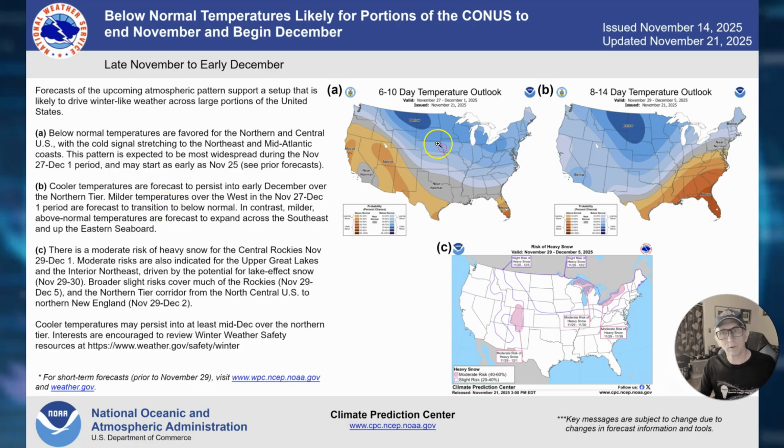You can see where the below normal temperatures are anticipated here, the 27th through the 1st of December. For most of the northern tier in the northeast U.S. and the southern to southwest U.S., likely above normal.